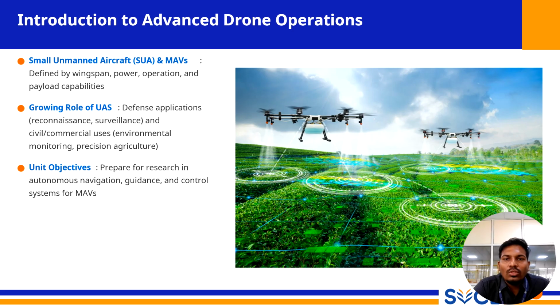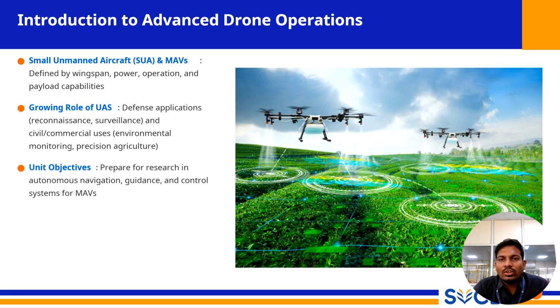The reason we focus intensely on these smaller systems is due to their rapidly expanding role in both the military and civilian sectors. The growing role of unmanned aircraft systems or UAS is transforming how we approach a variety of tasks.